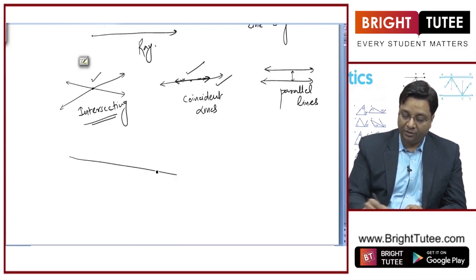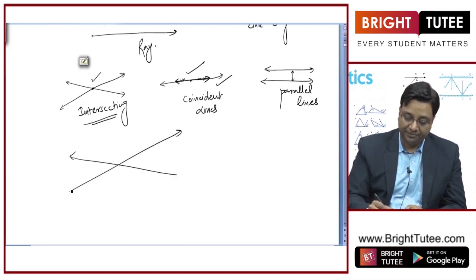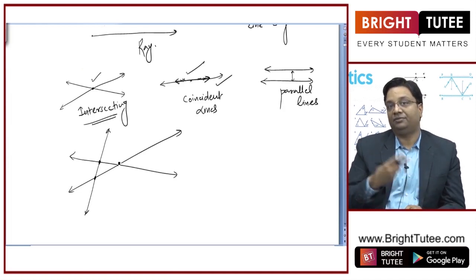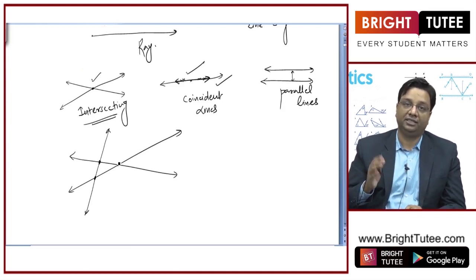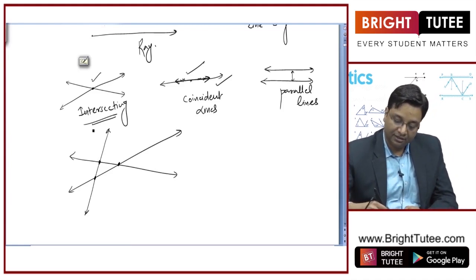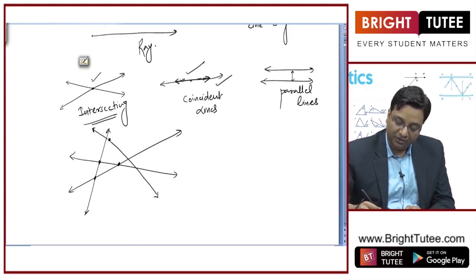Similarly, you can talk about three lines. Let us say you have three different lines. What are the maximum points of intersection? 1, 2, 3. Three lines will have 3 points of intersection maximum. And if there is a fourth line, it will give us 3 more points of intersection. 1, 2, 3.